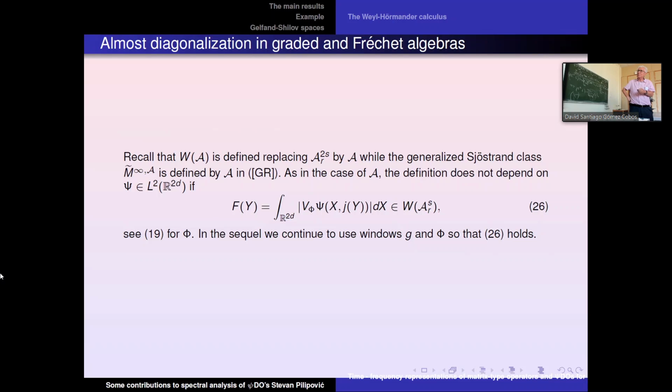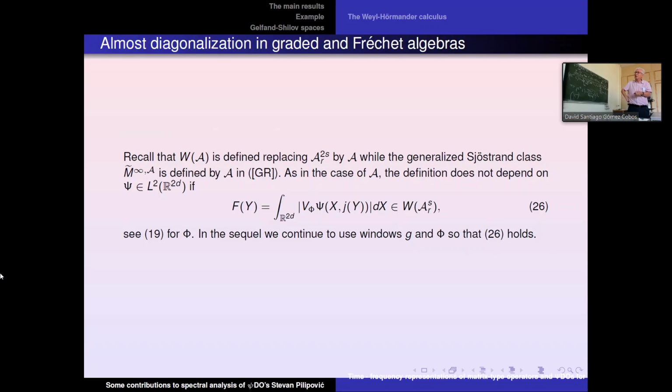This is just one of the conditions, because as you remember, everything can be done with phi as a Gaussian in 2D. But if psi satisfies this kind of condition, that all the quantity which is written here belongs to that Wiener type space, then you can do everything with psi. So somehow this is a technical part, but okay, this is just a fact, nothing more.